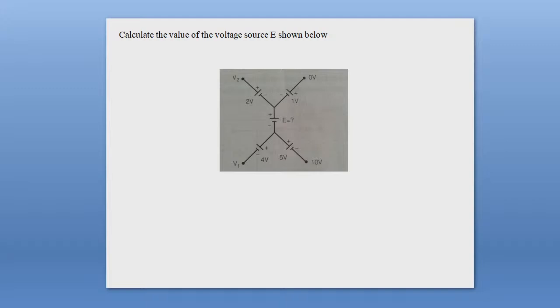Everyone derive the expression of impedances for the T network and delta network and make them equal, and after that you simplify those equations.